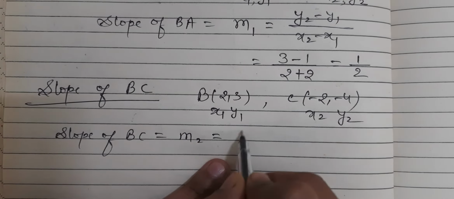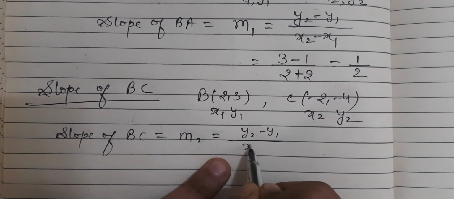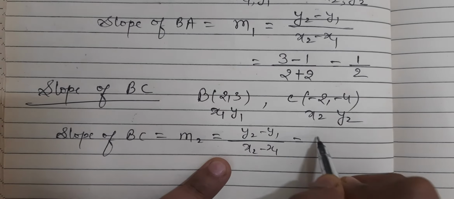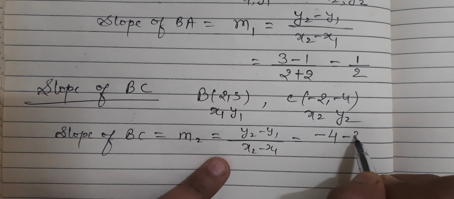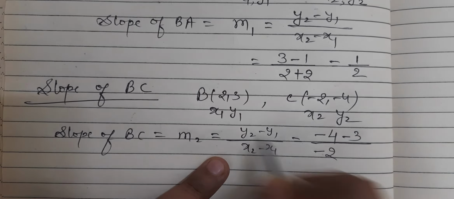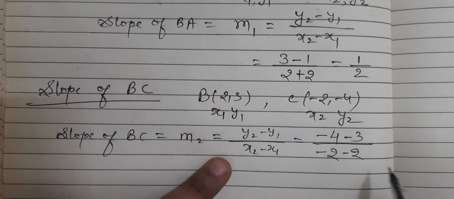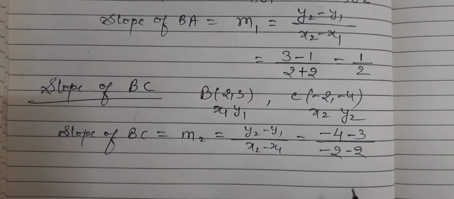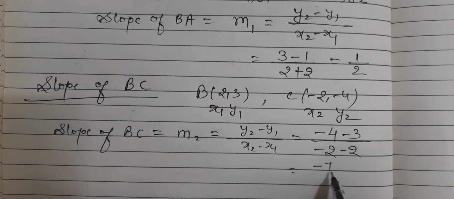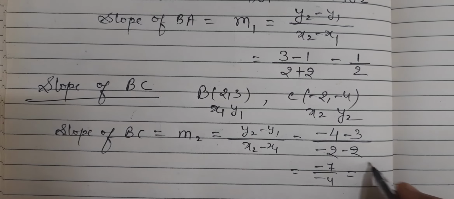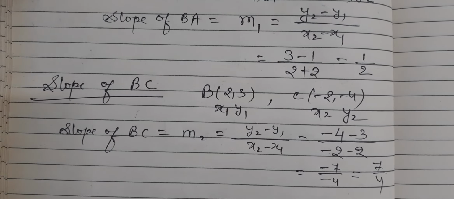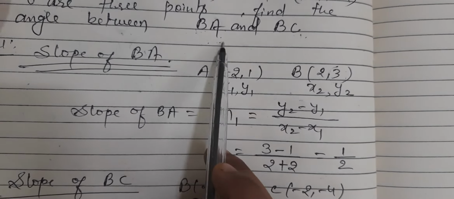Again by the same formula, y2 minus y1 upon x2 minus x1. y2 is minus 4, y1 is 3, x2 is minus 2 and x1 is 2. So here the slope will be minus 7 by minus 4, which means 7 by 4. So now we have the slopes of lines BA and BC.